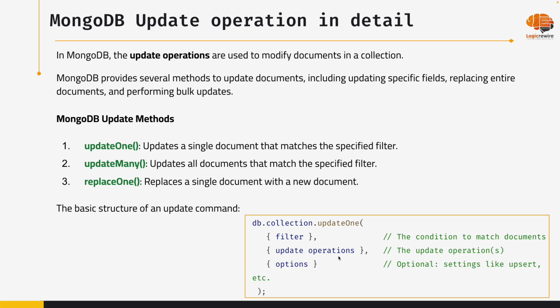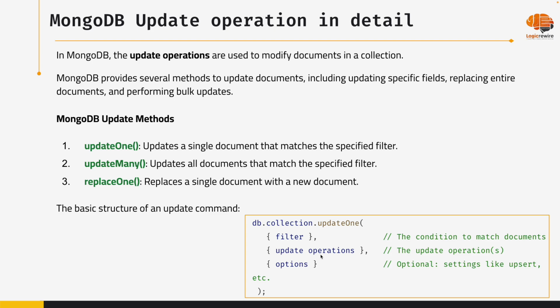So the syntax is like this. See, in find the syntax was only filter and option, right? But in update, first will be the query, means based on what you want to update. Let's suppose based on name you want to update age. So that name you have to write here. So it's a query. So the filter will be the first parameter. The second parameter is what all things you want to update.